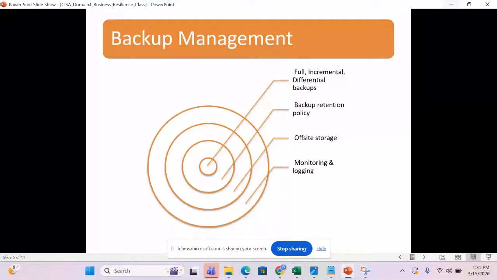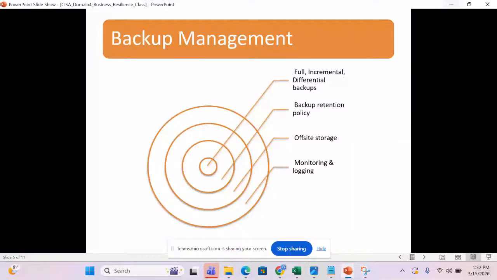How do we manage those backups that we have in place? Some people call it backup team, or some also call it backup management.